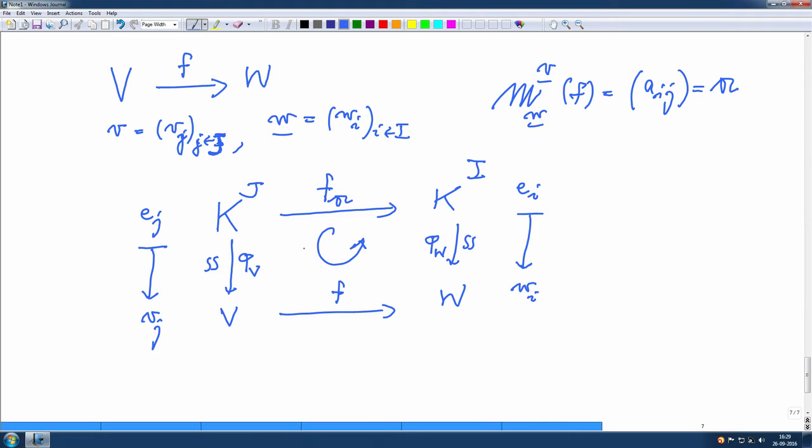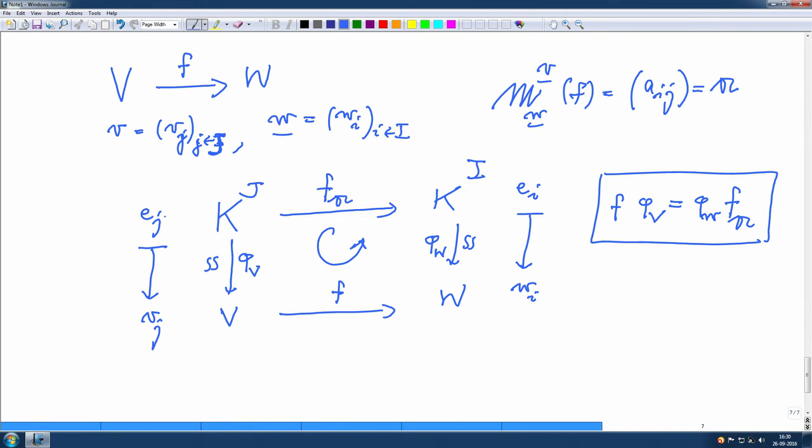So, the diagram being commutative means F_A followed by phi_W, on one side, and on the other side start with phi_V and then go by F, these two are the same. This is very easy to check. You just have to take Ej and see where it goes under both the maps, and then you will see they are equal.